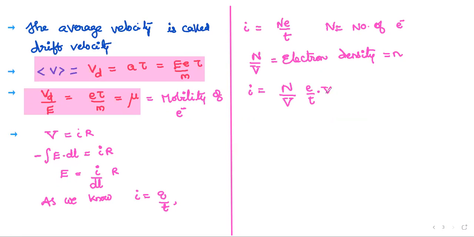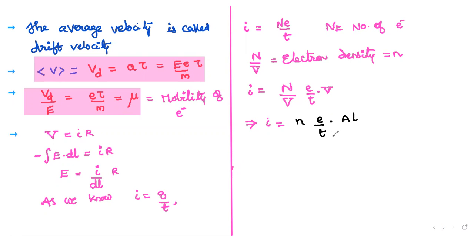So I am getting I equals, now I am writing the number of electrons per unit volume replaced with n, times e by time. Volume I am writing as area of cross section into length.